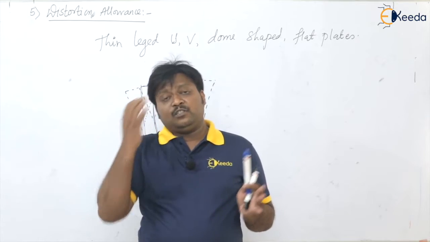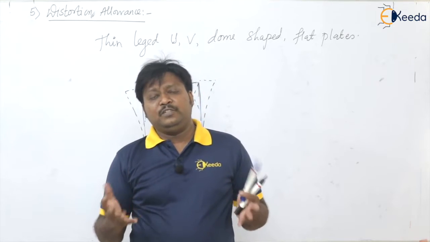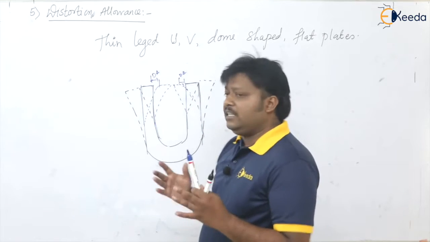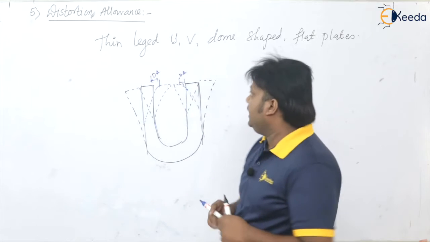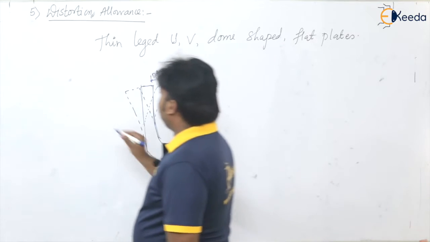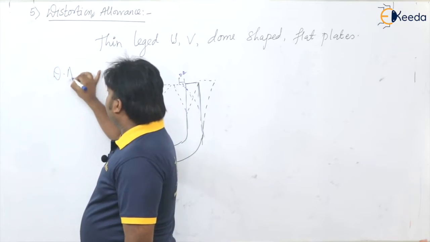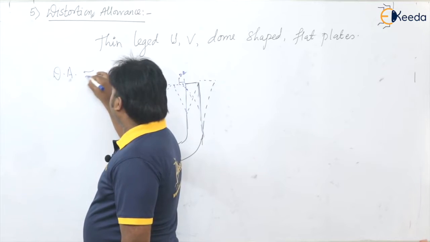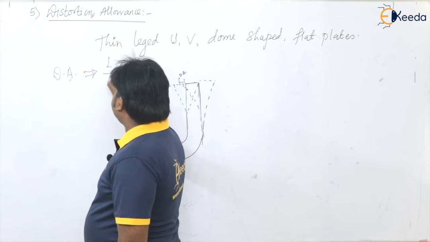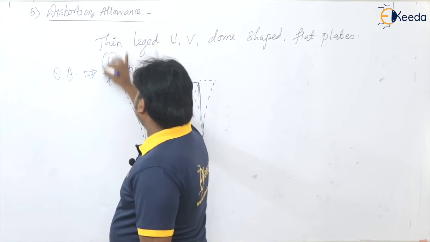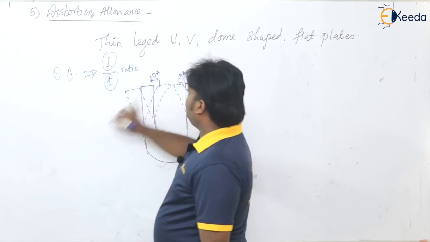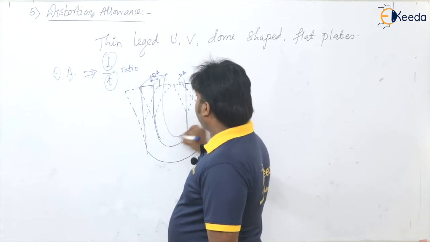It is given only on special shapes like U, V, dome, flat plates, where the distortion is occurring because of the metallostatic forces. Okay, and this distortion allowance basically depends upon the L by T ratio. What is the L by T ratio? L is the length of the casting and T is the thickness of the casting. Say this is the thickness of the casting.